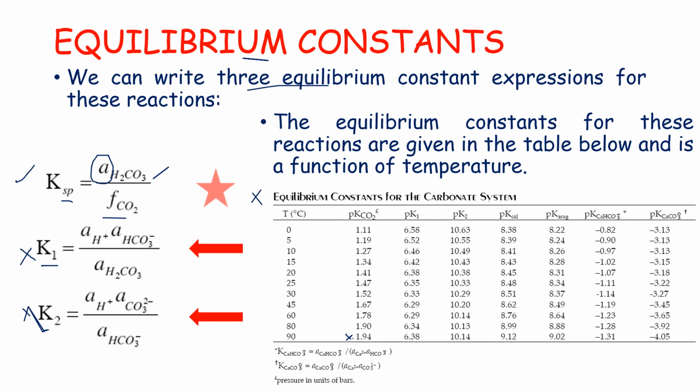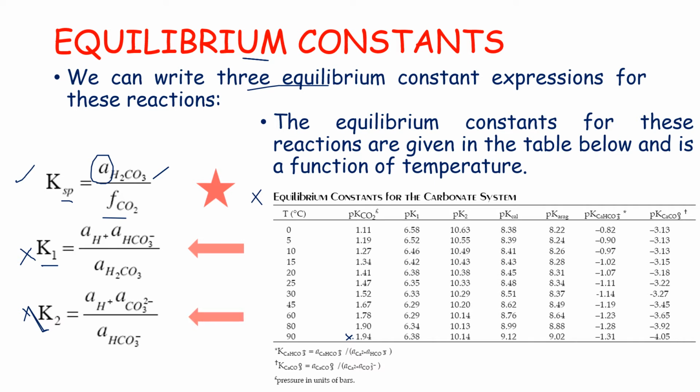So pK1 representing equation number 1, and pK2 representing equation K2, you can find that as the temperature increases, pK1 seems to decrease overall. pK2 also seems to decrease. In other words, the balance between reactants and products is changing with temperature.